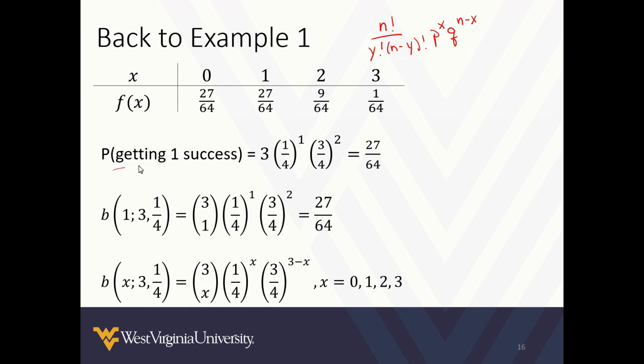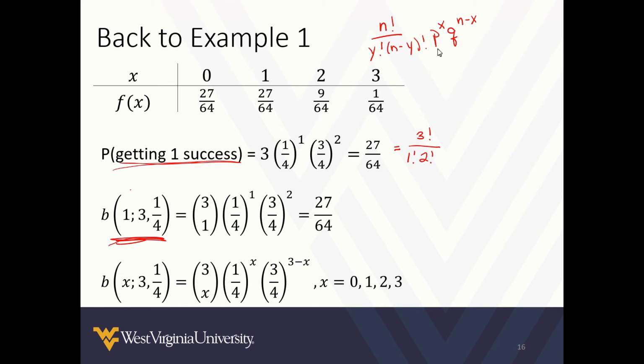So we were interested in the probability of getting one success. Our sample size was 3. Our one success, that's our x value, which we can see written here. 1 factorial, 3 minus 1 factorial is 2 factorial.